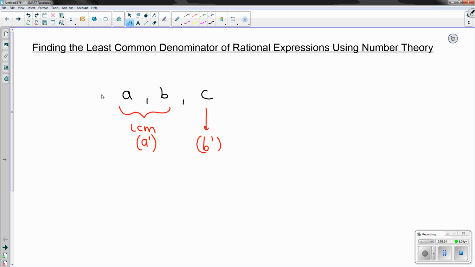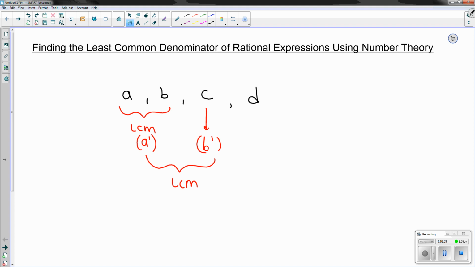And now we're finding the LCM between these. Before, we just dealt with A and B, so let's call the LCM of A and B A prime. We'll rename C B prime, and now we're trying to find the LCM. So we really have a kind of nested problem where we just keep extending down. We're only ever working with two because the equation we started this video with supports two things.